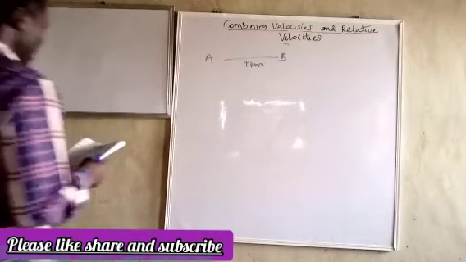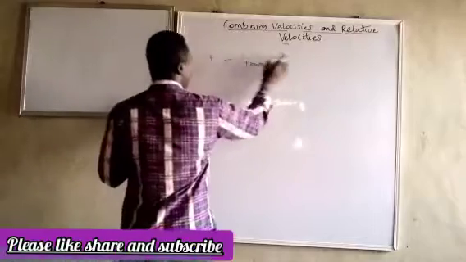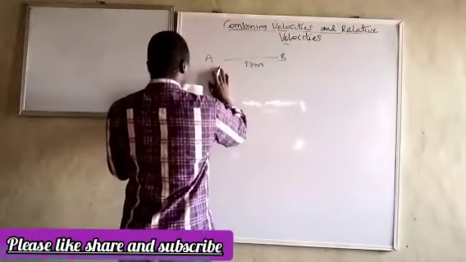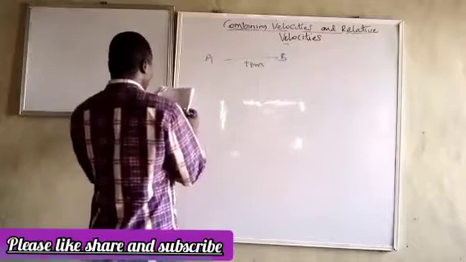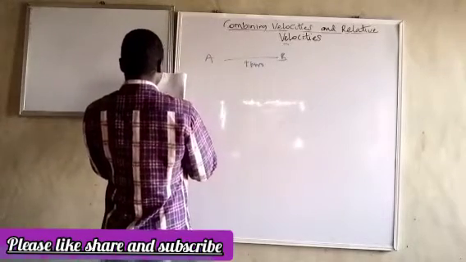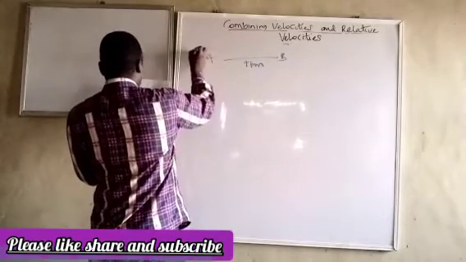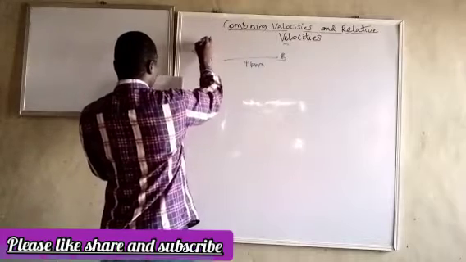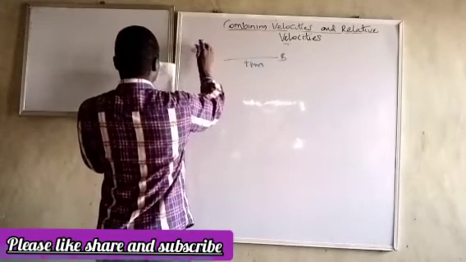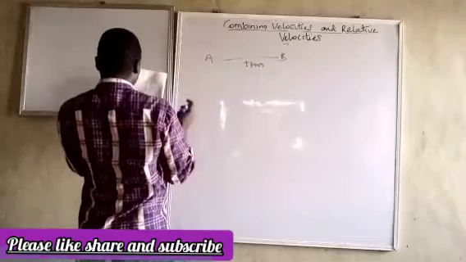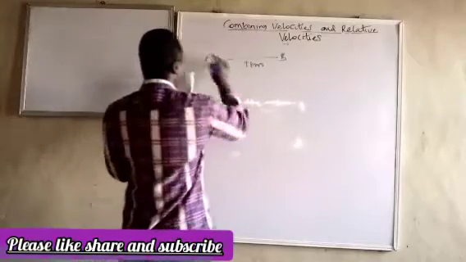Now we are told that A is west of B and they are 4 kilometers apart. I was also told that A moves with uniform velocity of 8 kilometers per hour due east, and B moves with uniform velocity of 6 kilometers per hour due south.